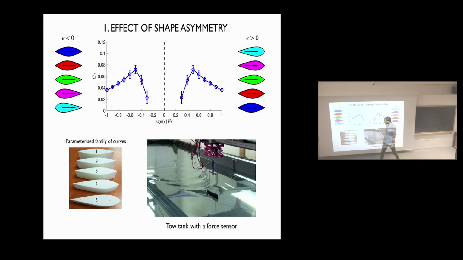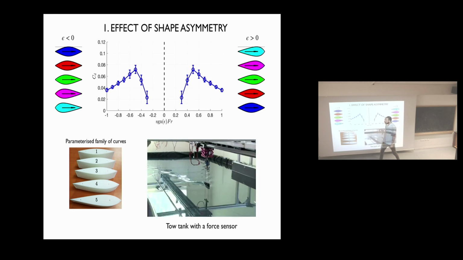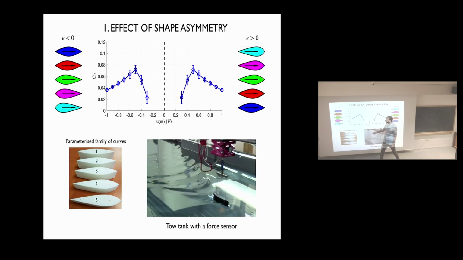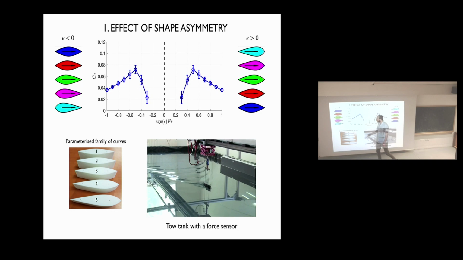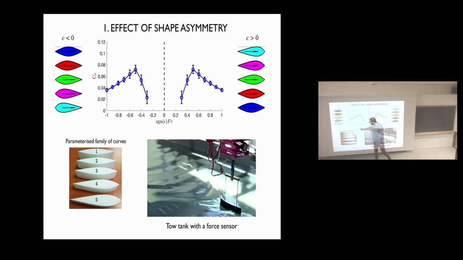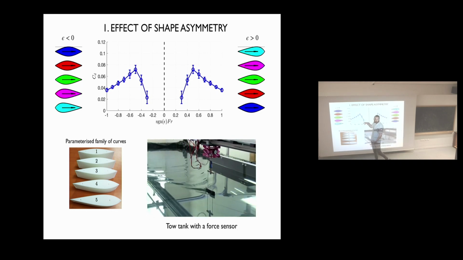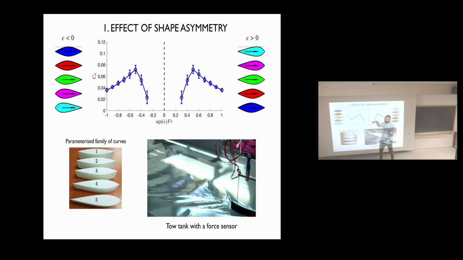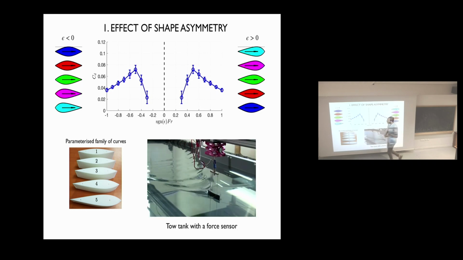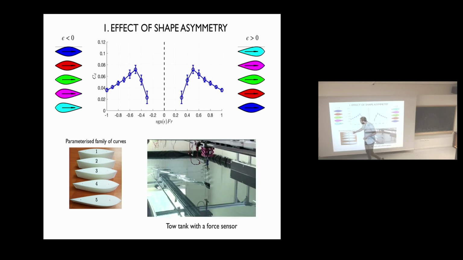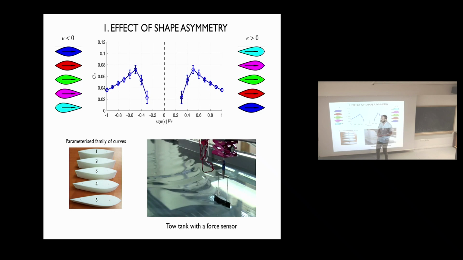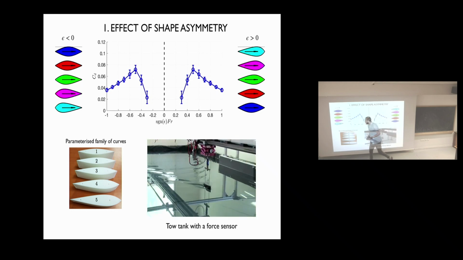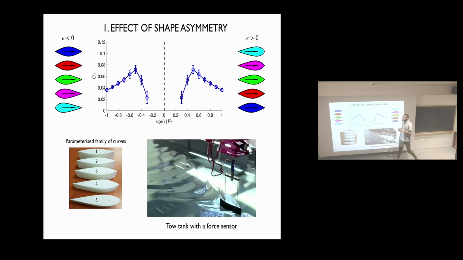I was interested in understanding what determines the optimum shape of the boat, and in particular, if you can create a family of curves which somehow capture asymmetry. So 1 is a perfectly symmetric boat front to back, and as you progress through to 5, you get more and more asymmetry.